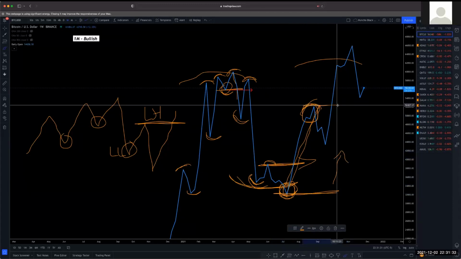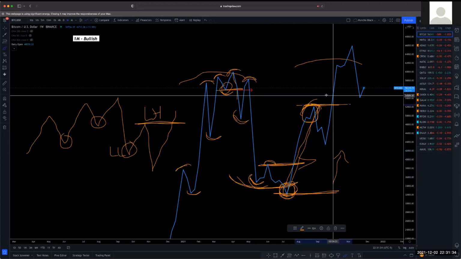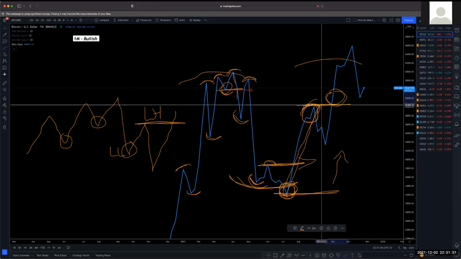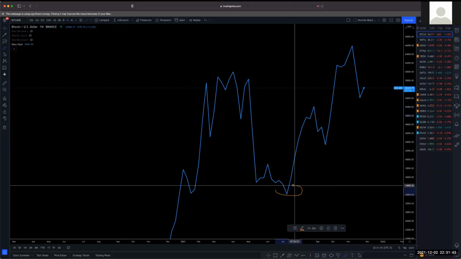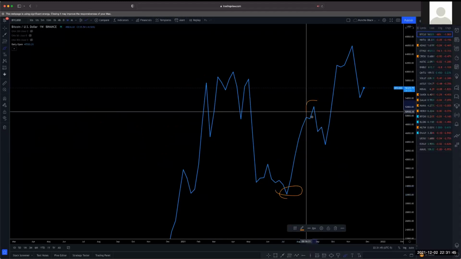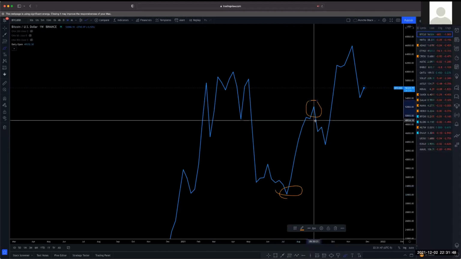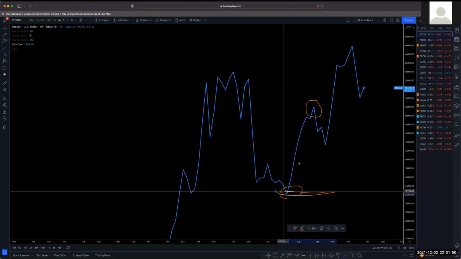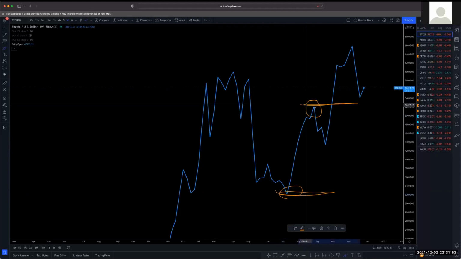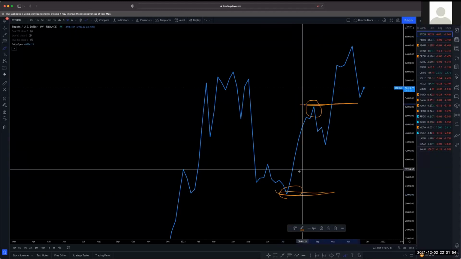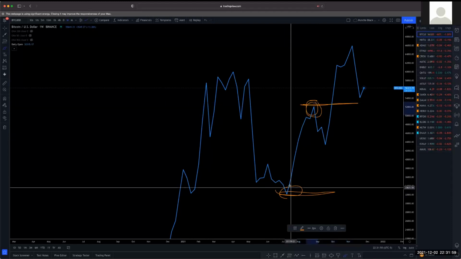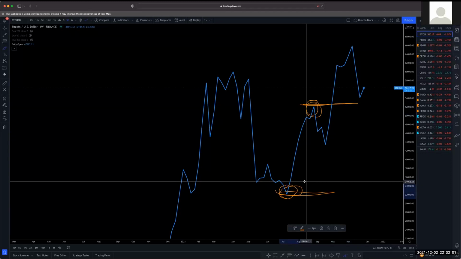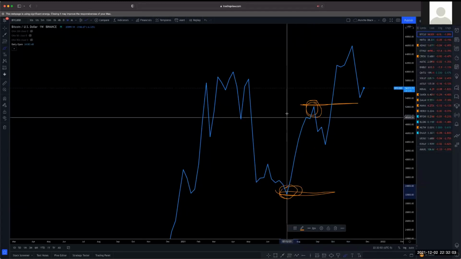And until we create a new high above this high, we're stuck between this low and this high. Until we cross either lower than this or create a new high past this, we're going to be what's called ranging within this high and this low. So structure has to show more detail for you to know where we're going.